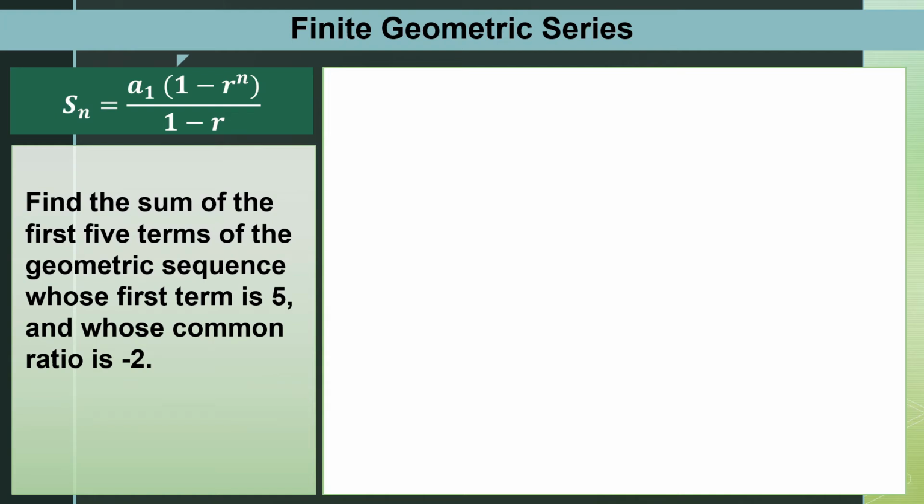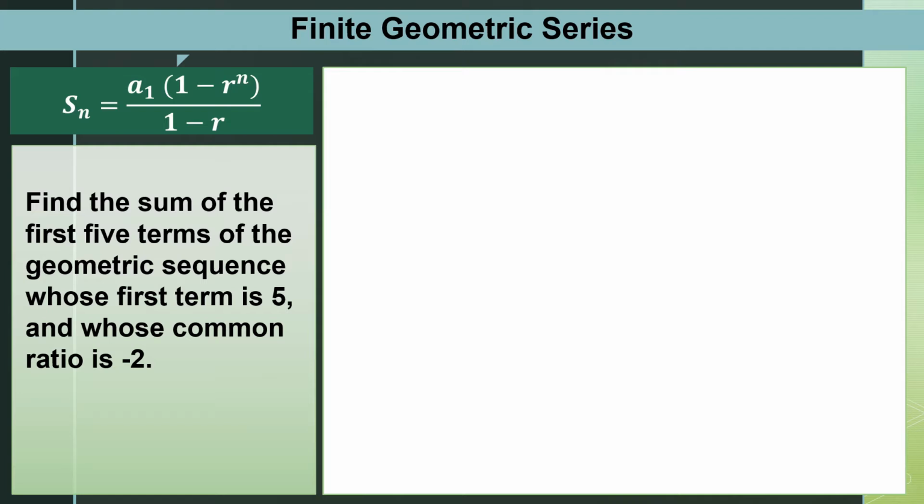Punta naman tayo sa pangalawang example. Find the sum of the first 5 terms of the geometric sequence whose first term is 5 and whose common ratio is -2. Gamit pa rin ang parehong formula, kailangan muna natin i-identify ang ating given.